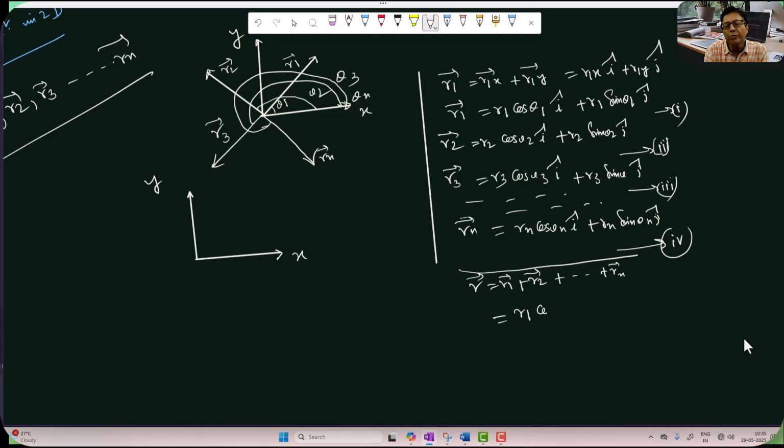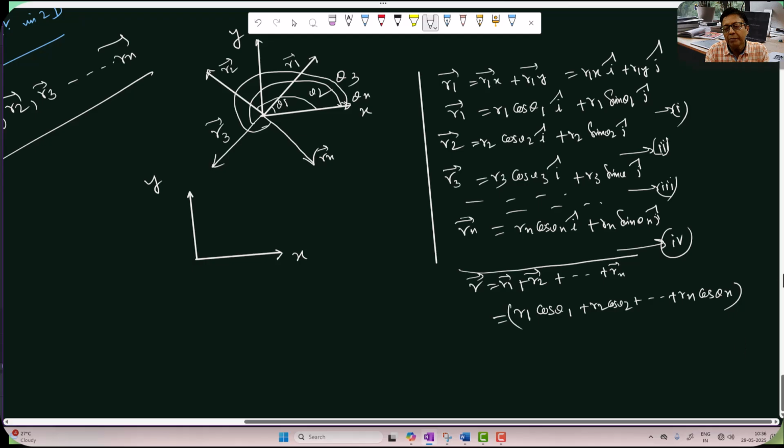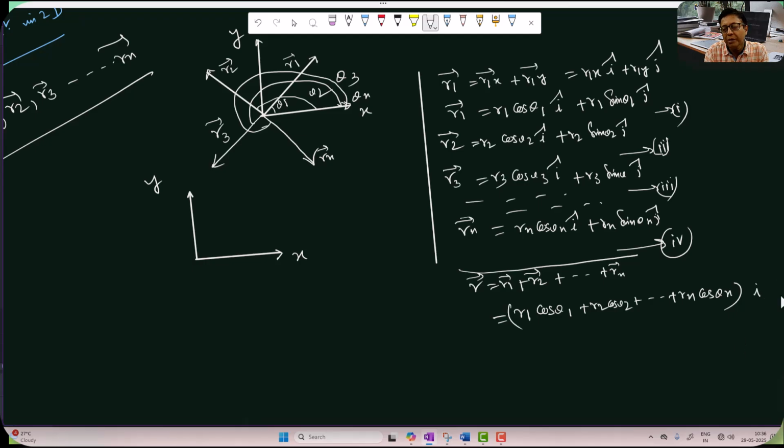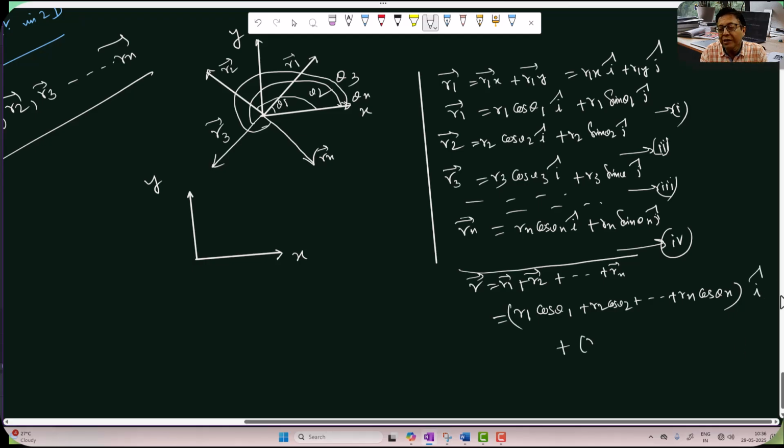You add the components of i together. This is R1 cos theta 1 plus R2 cos theta 2 ... Rn cos theta n i cap.